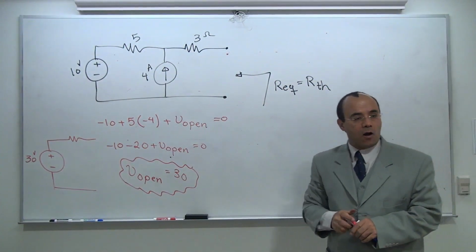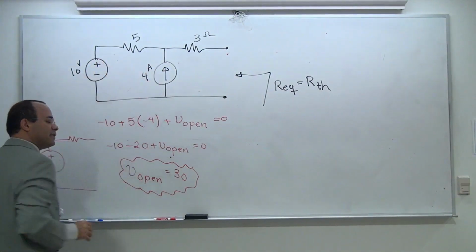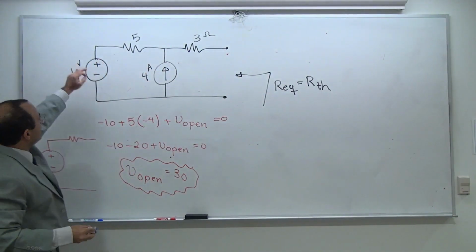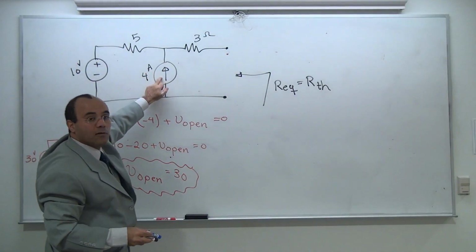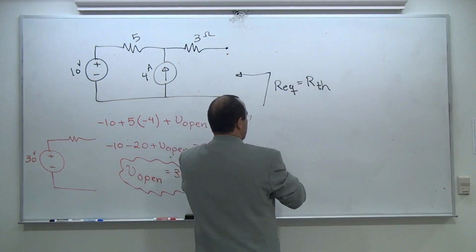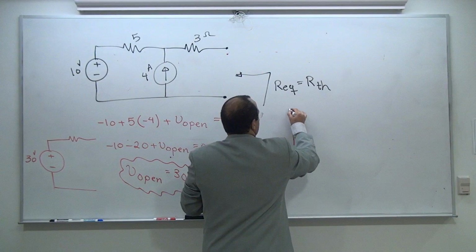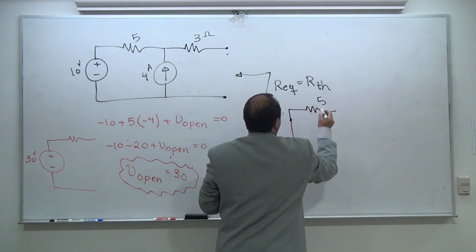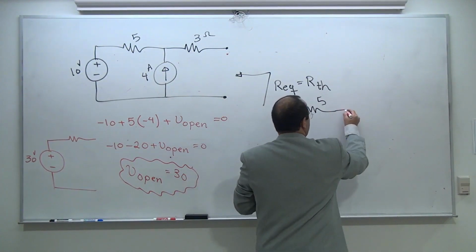In order to find R equivalent, all I need is to shut down these independent sources to 0. When I shut down this to 0, that's a short line. When I shut down this to 0, that's an open line. So let's take a look. It's going to be a short line. Then it's going to be 5 ohm. Then it's going to be open line.